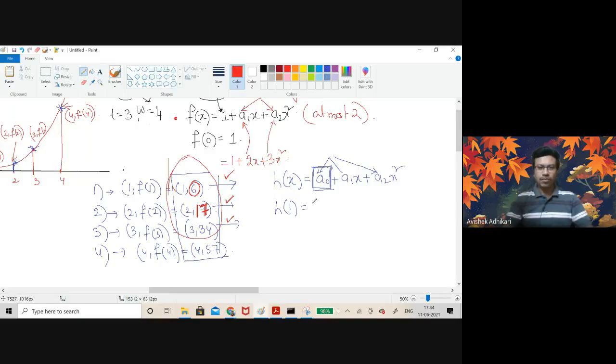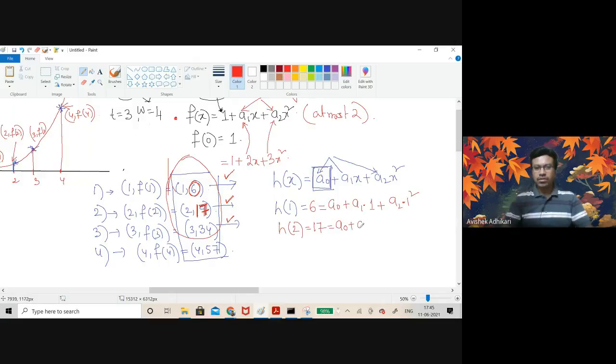So h of 1, this value is 6, is same as a0 plus a1 into 1 plus a2 into 1 square, right? Now, what is the value of h2? The value of h2 is 17. The second participant knows this value, okay?